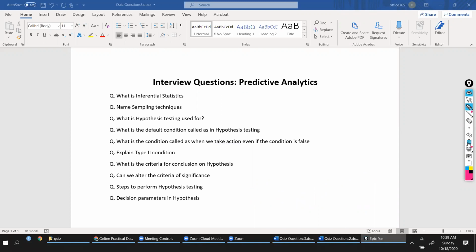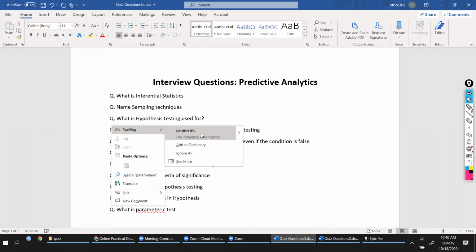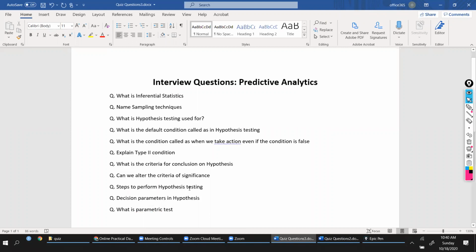Next. What is parametric test and what does non-parametric test mean? Parametric versus non-parametric.